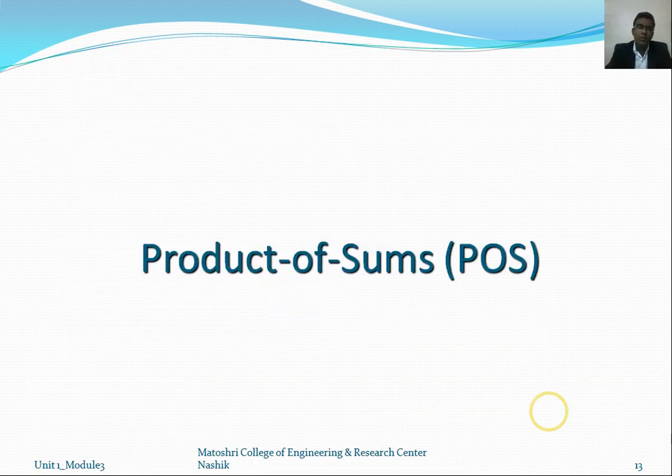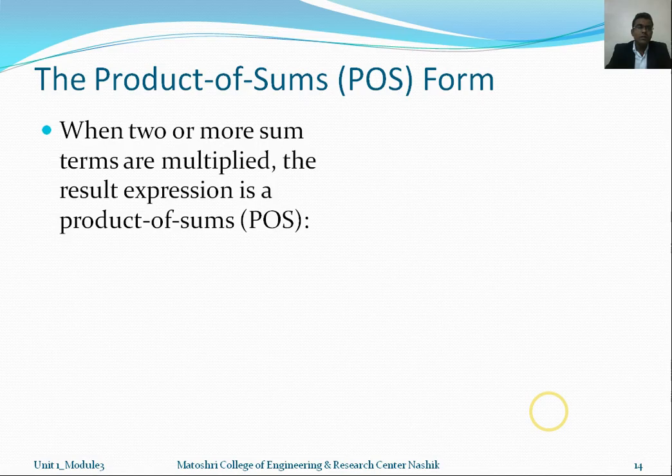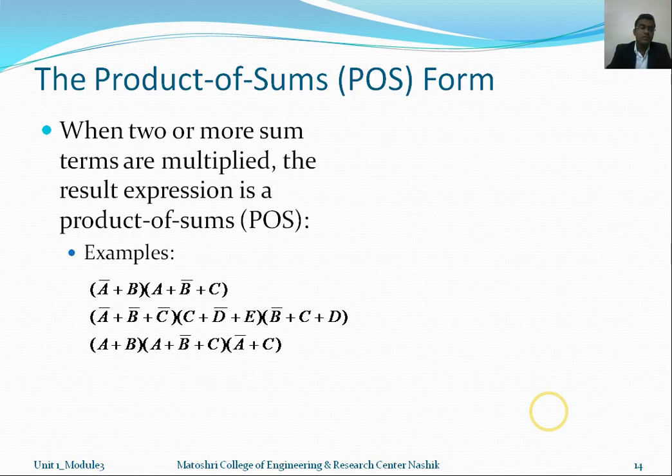Now move to the product of sum. The product of sum is when two or more sum terms are multiplied and the resulting expression is a product of sums. We are taking examples. This is the first example. A bar ORed with B is the first sum term. A ORed with B bar ORed with C is the second bracket, which is the second sum term.